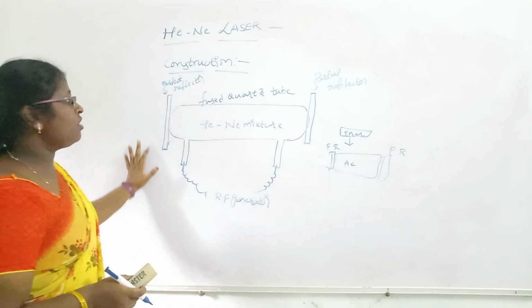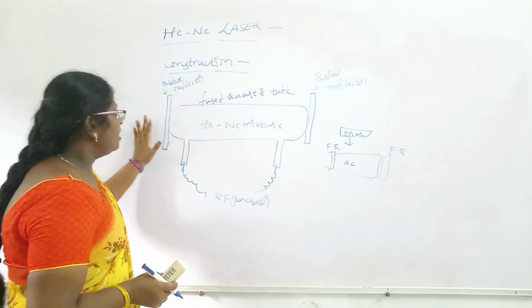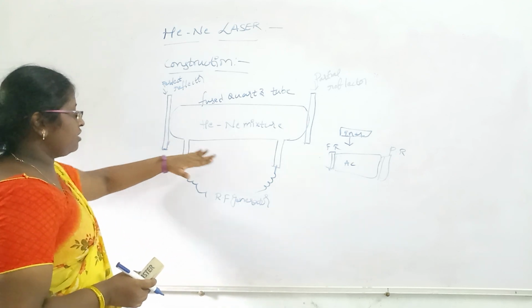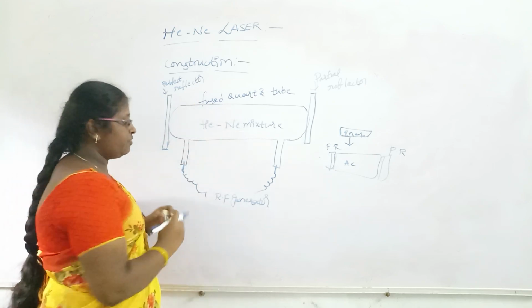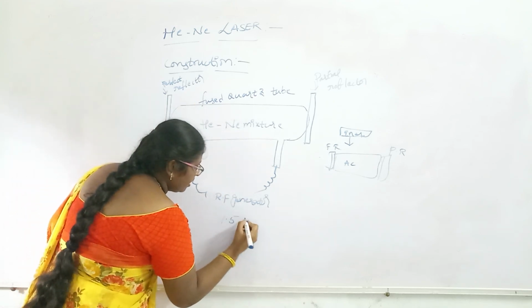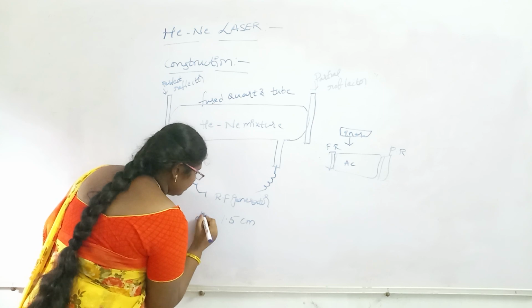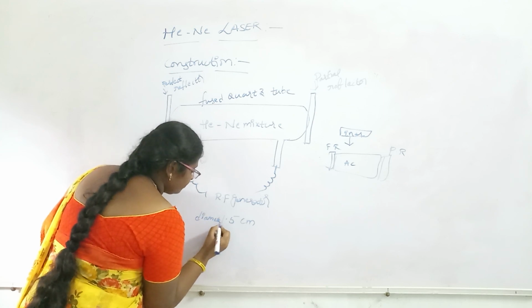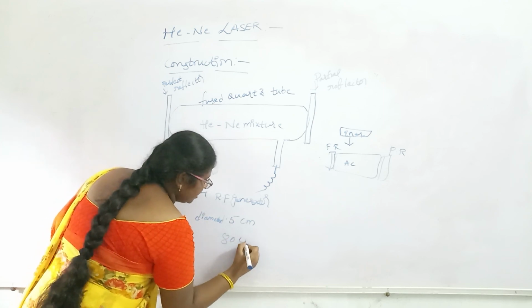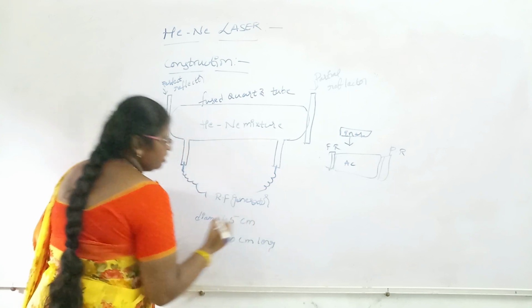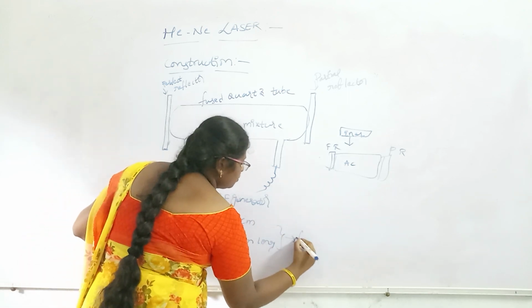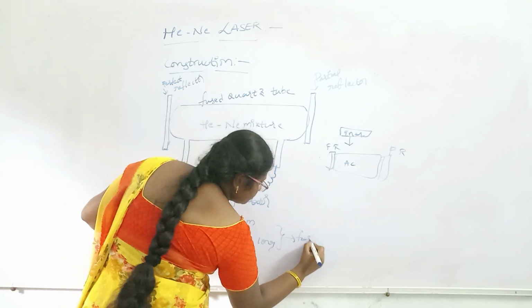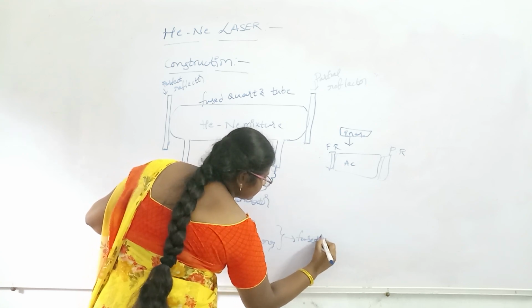This is the construction of the helium neon laser. We use a fused quartz tube with a diameter of 1.5 centimeters and a length of 80 centimeters.